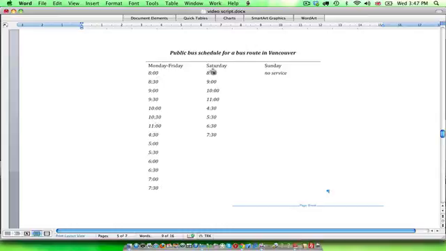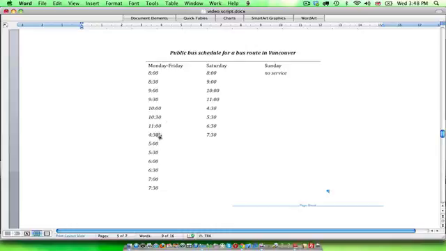On Saturday there are more minor trends, 8 to 11, minor trend, 4:30 to 7:30, minor trend. Sunday there is no service. Now the minute details is when we get very specific. So if we look between 8 and 11, we can see that this bus route, the bus comes every half hour. So that is a minor detail.